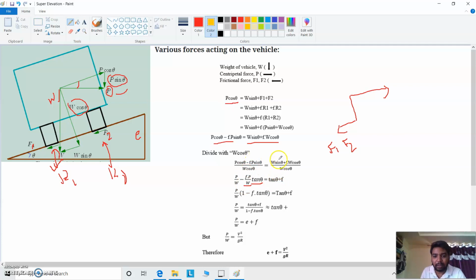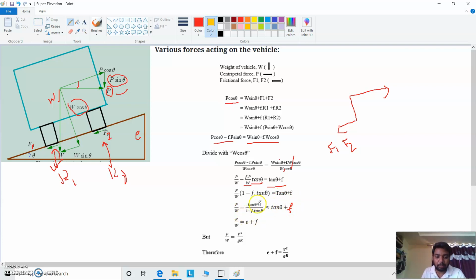Similarly, W sin theta by W cos theta will be tan theta, W gets cancelled, and in F W cos theta, W cos theta gets cancelled, and F will remain over here. Substituting P by W and taking P by W common on the outside, we get P by W (1 minus F tan theta), and the remaining tan theta plus F is written over here.